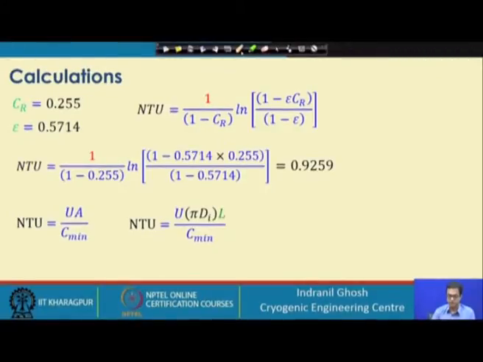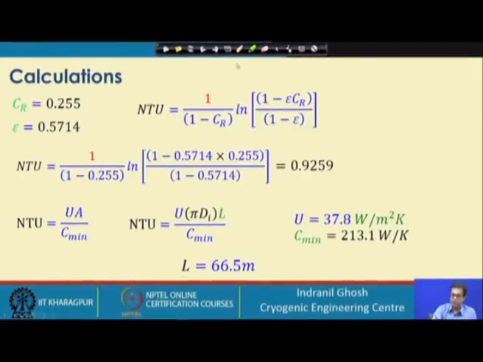We know the overall heat transfer coefficient U, C min is known, pi di is known, and NTU we have already been able to estimate. So, we can now estimate the length L, and you will find that the length is coming the same as before, 66.5 meter.